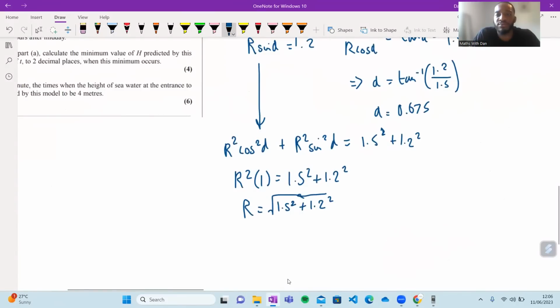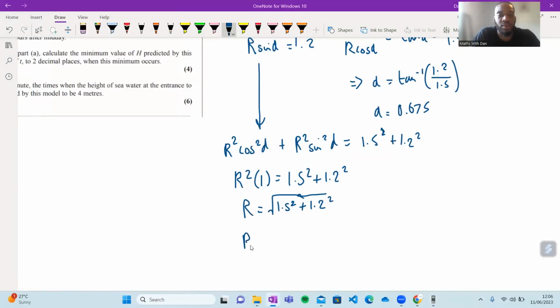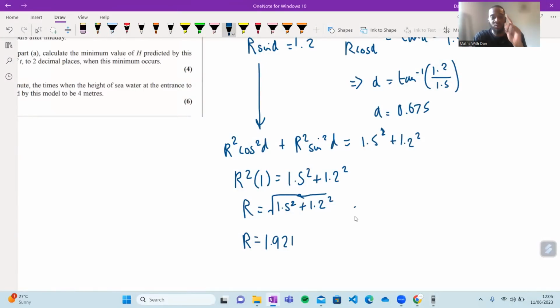So, take the square root of 1.5 squared plus 1.2 squared. And this gives us 1.921 to 3 decimal places. Let me just double check that again. Perfect. So R is 1.921, alpha is 0.675.